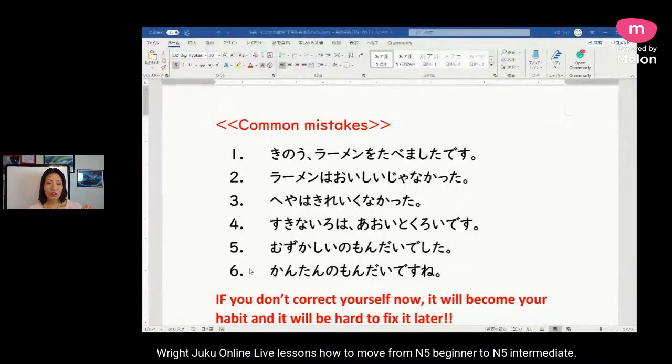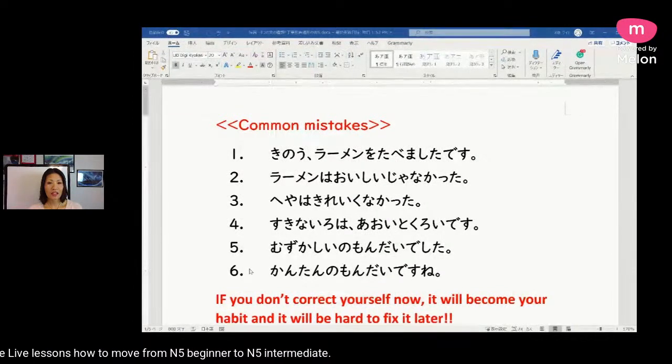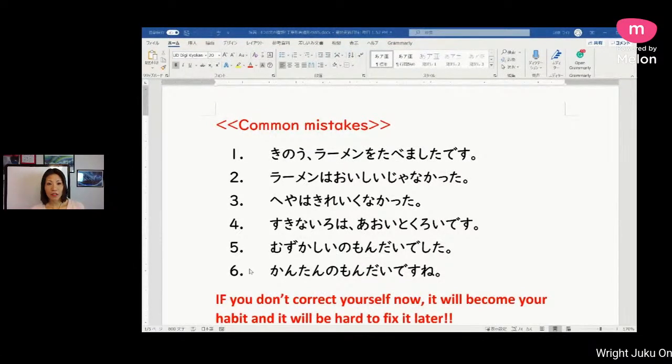The beginner N5 level learners make those mistakes and they don't know they're making mistakes and they don't know how to correct themselves. But N5 level intermediate speakers still make those mistakes, but not a lot.